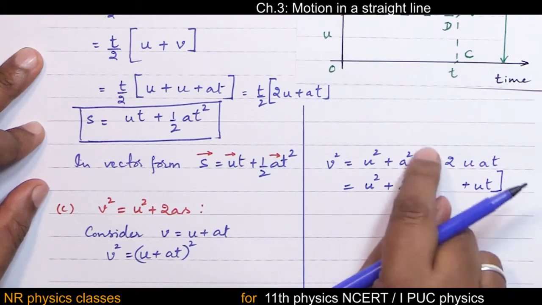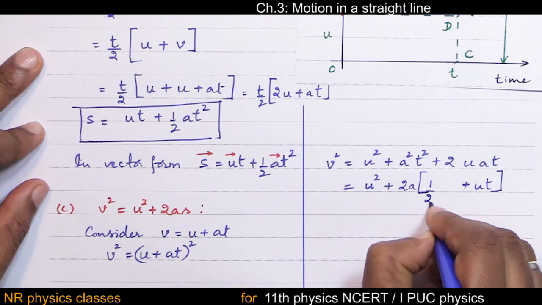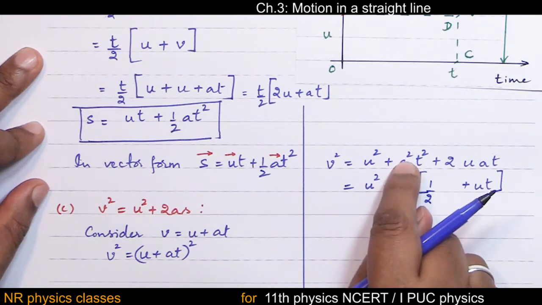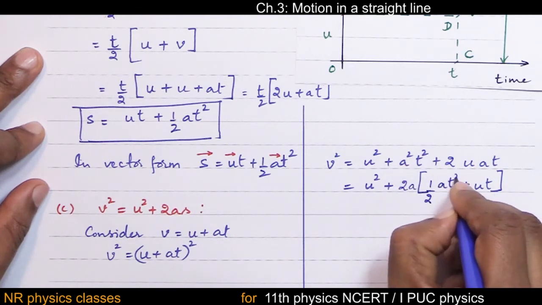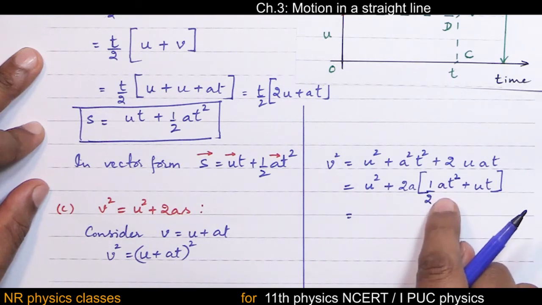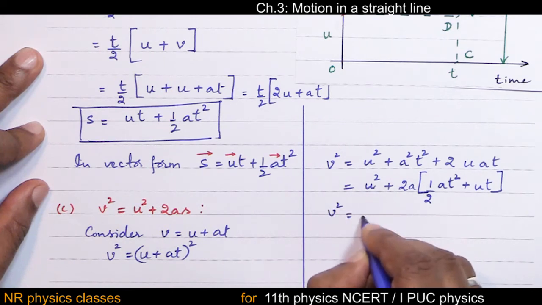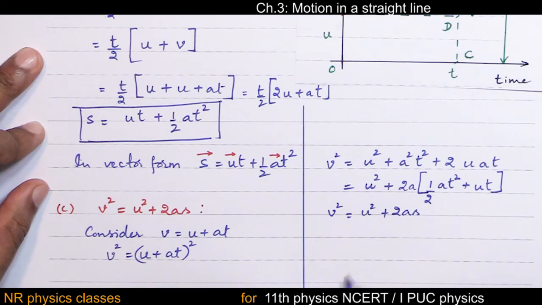There is no 2 term here, so if you take 2 outside it becomes half. A is outside, therefore the remaining is A T square. So what is UT plus half A T square? Yes, it is S. So V square equals U square plus 2AS. This is the third equation.